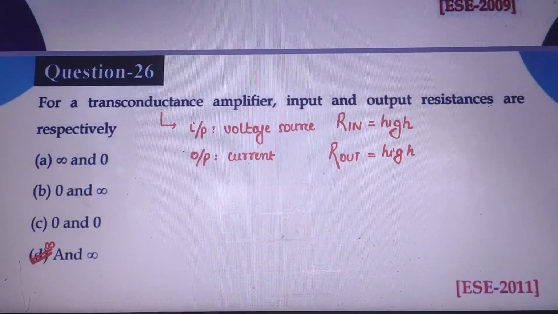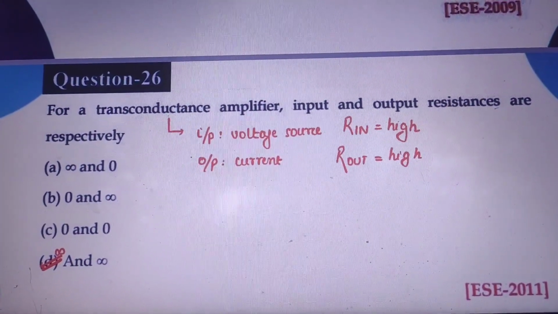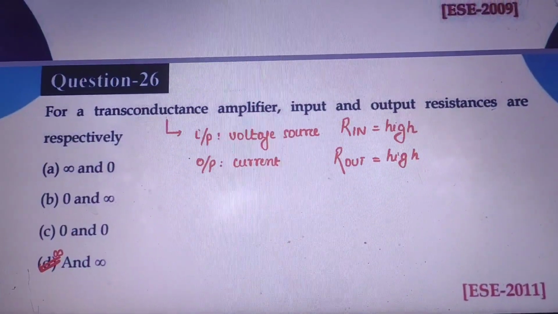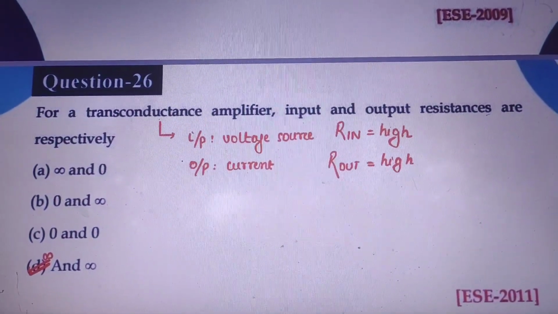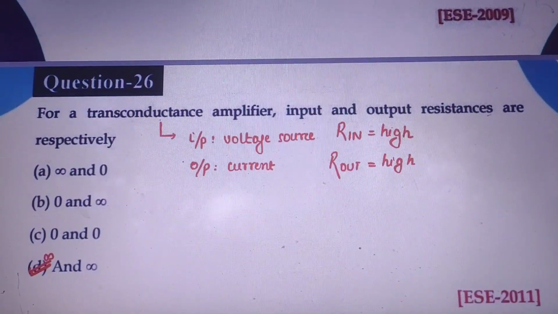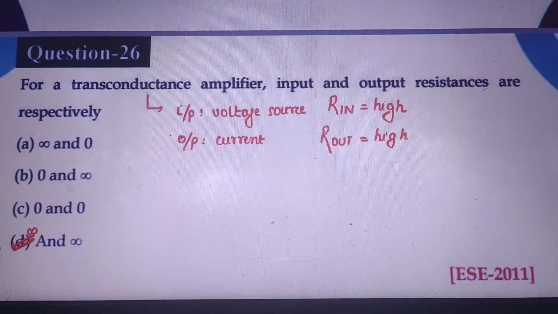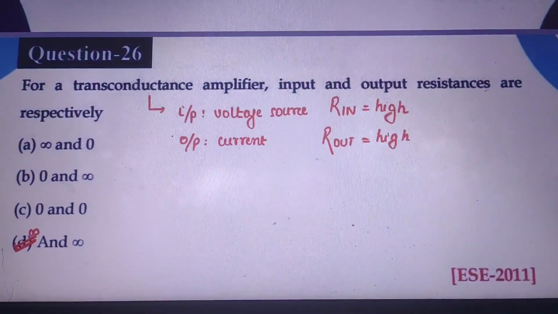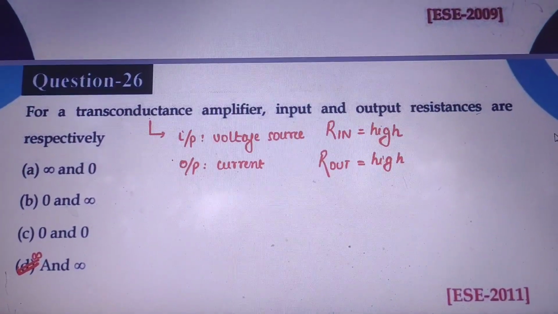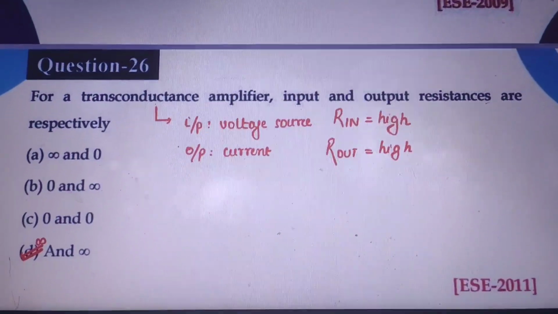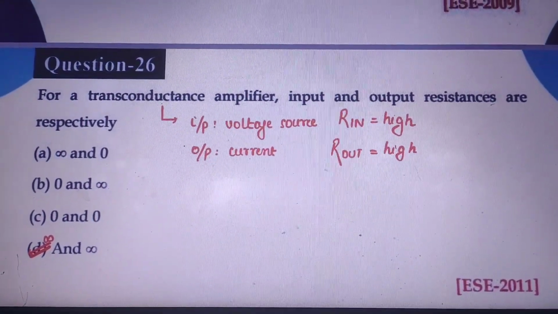For the first one, trans resistance shunt, the first shunt is mixing and the second shunt is sampling. On the other side you write sampling, mixing. In shunt, sampling means voltage and mixing means shunt, so voltage shunt feedback. Next, shunt series: shunt is mixing and series is sampling.